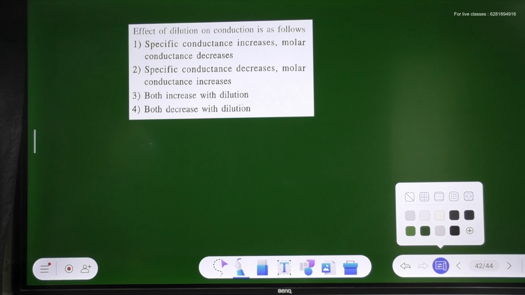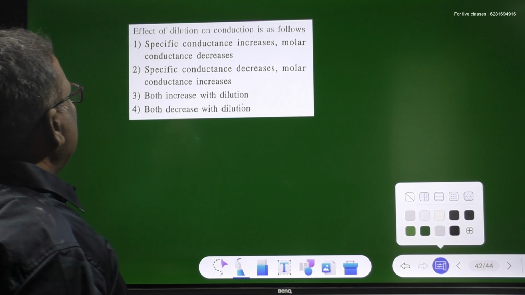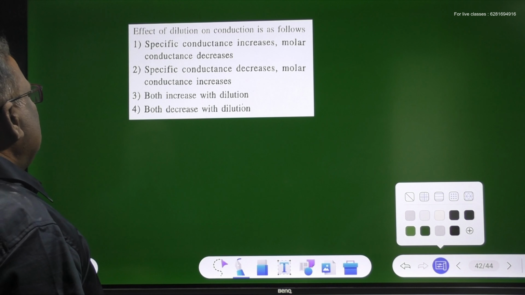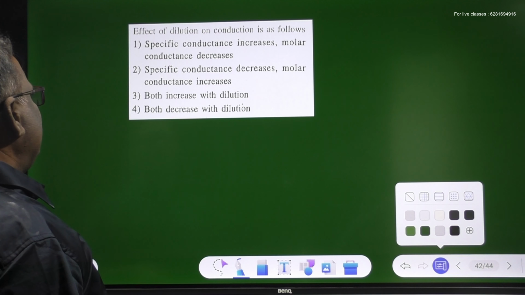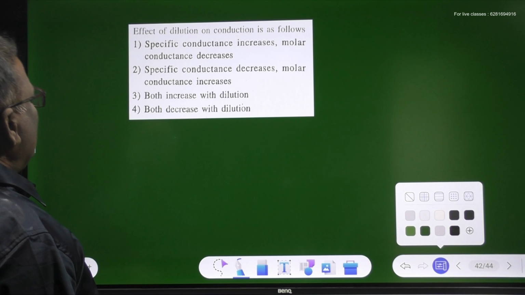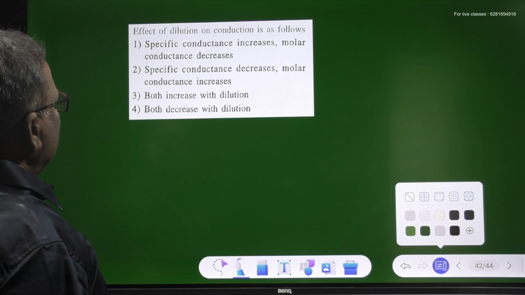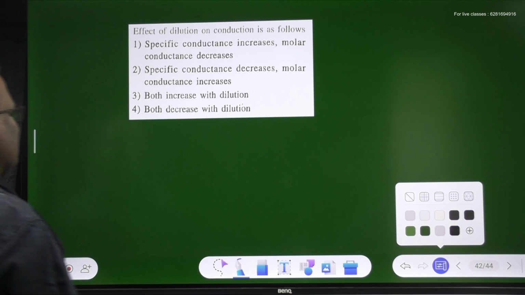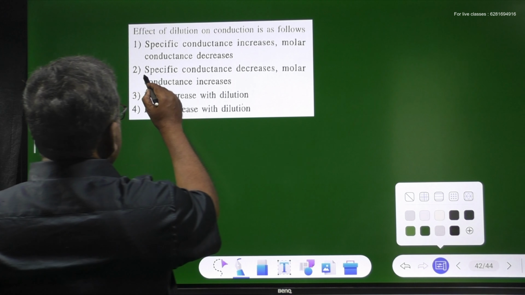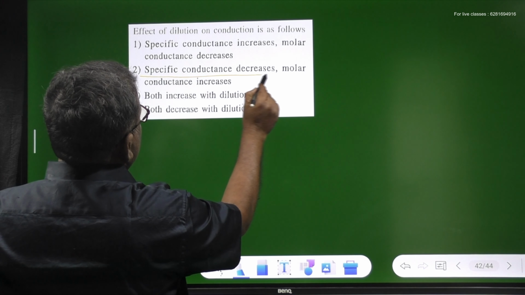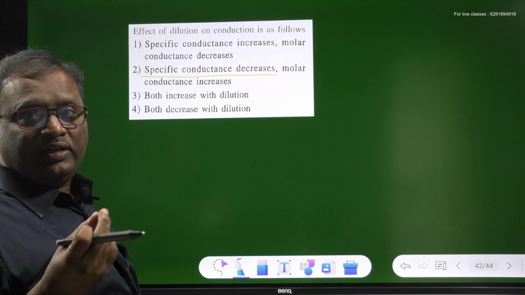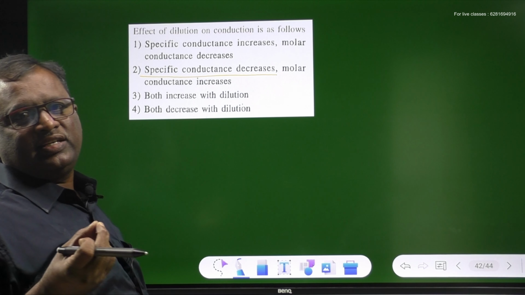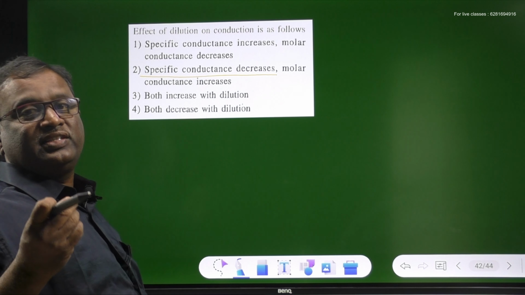Next, effect of dilution on conductance is as follows. The specific conductance increases, molar conductance decreases. Specific conductance decreases, molar conductance increases. So here specific conductance decreases because the ions present in a given volume decrease.